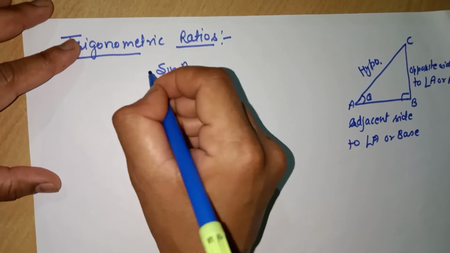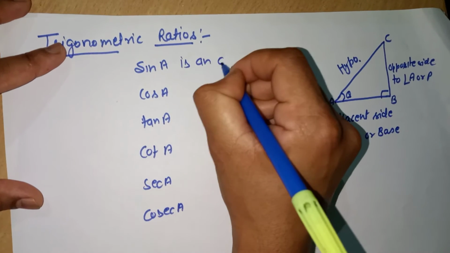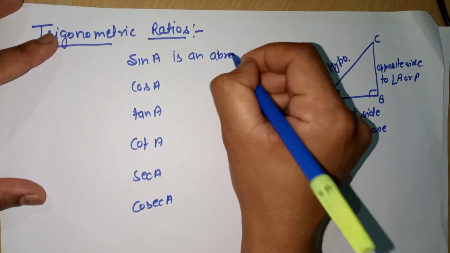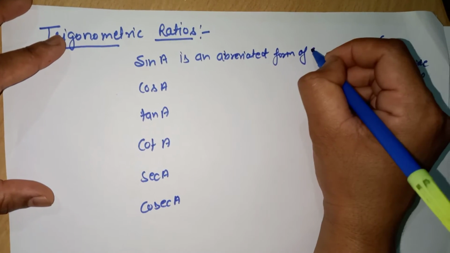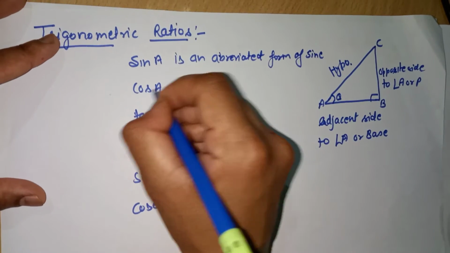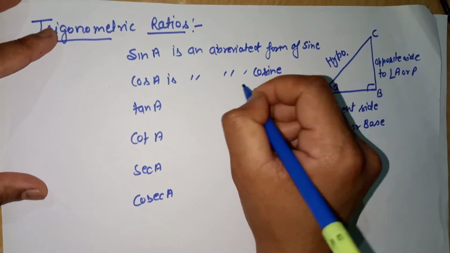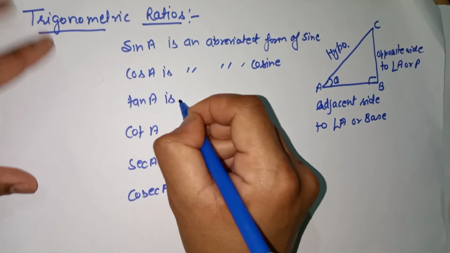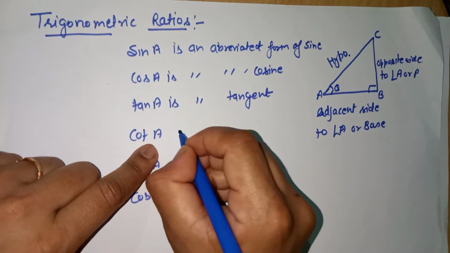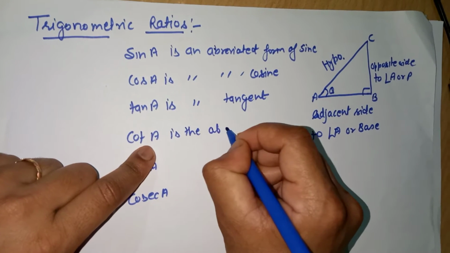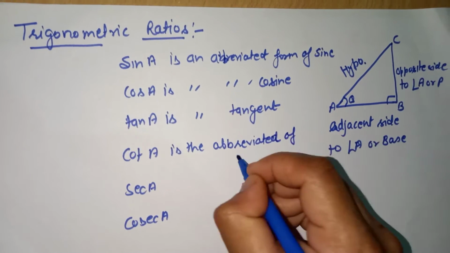Here I want to explain that sin A is an abbreviated form of the term sine, and cos A is the short form of the term cosine, and tan is called tangent, and cot is the abbreviated form of cotangent.